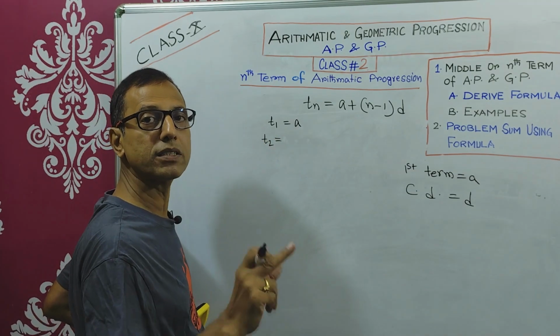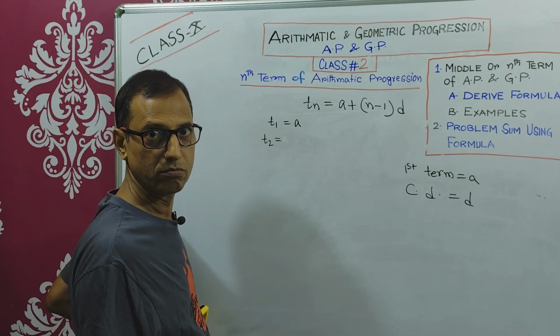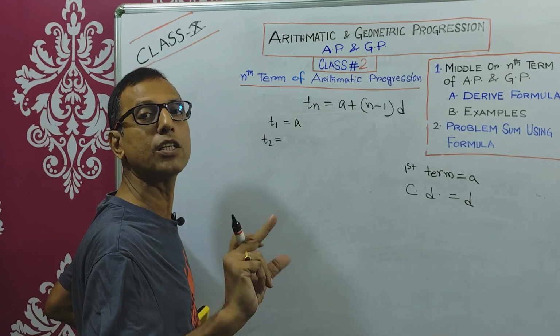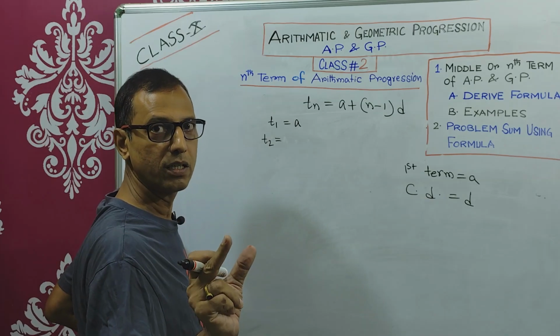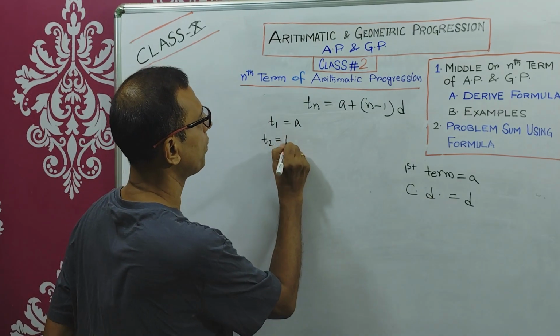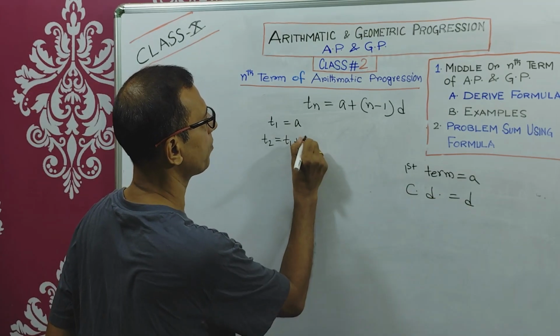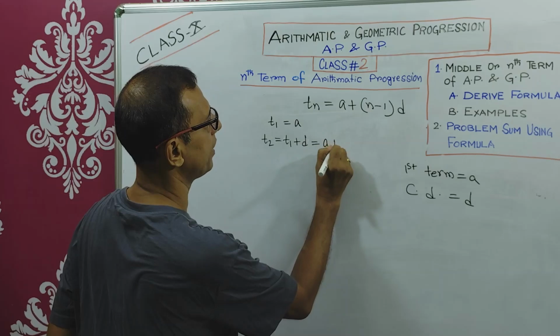Successor equals predecessor plus common difference, because the difference between successor and predecessor, that is the common difference, is equal in all cases. So T2 equals T1 plus d, that means a plus d.